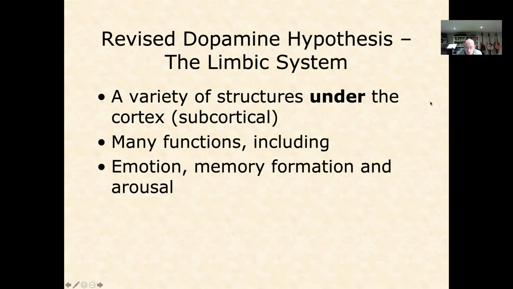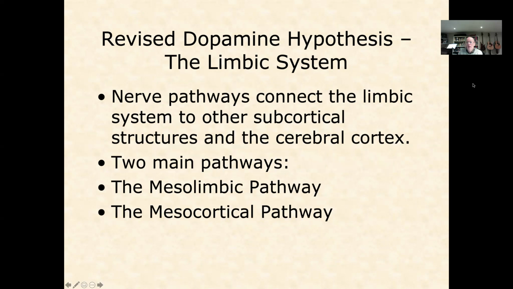that might be able to explain the symptoms of schizophrenia? And there are two particular pathways, two particular lines within the brain that people have used in this. There are nerve pathways that go from the limbic system to other subcortical bits, other bits underneath the cortex.